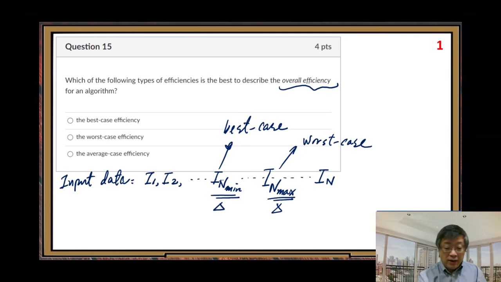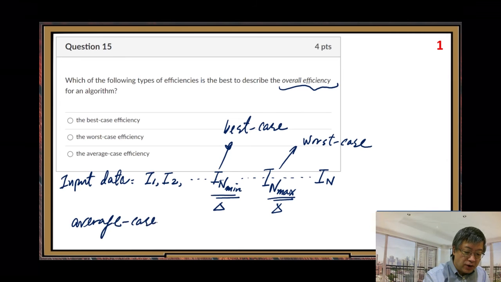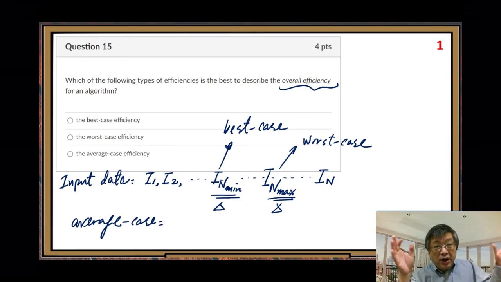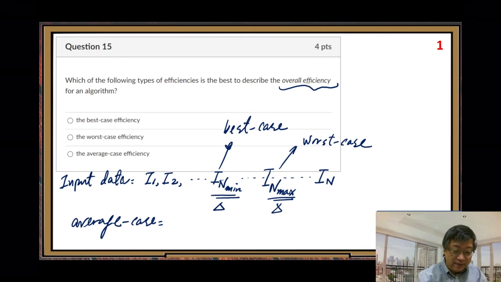Then here, when we consider average case efficiency, when you do average case, you take the average of all the possible efficiencies, right? It may not be the rigorous formula, but you just get the idea.